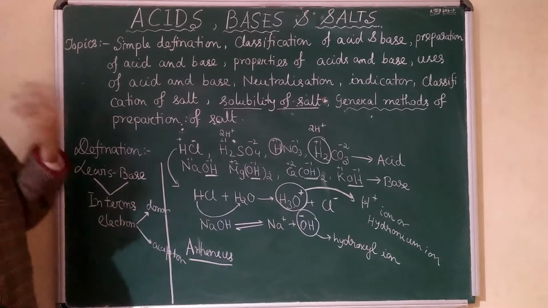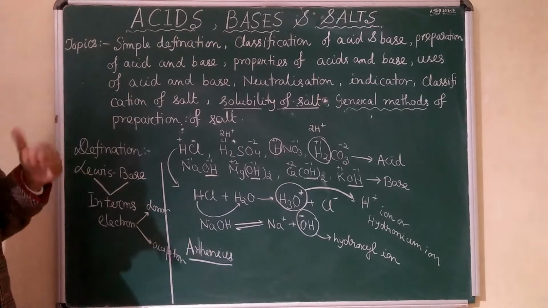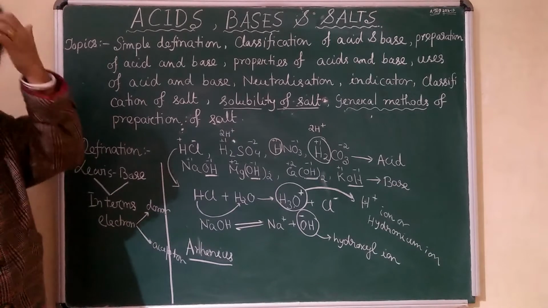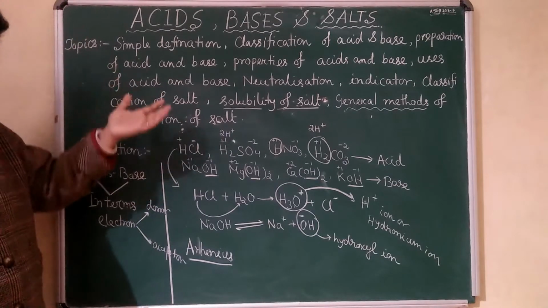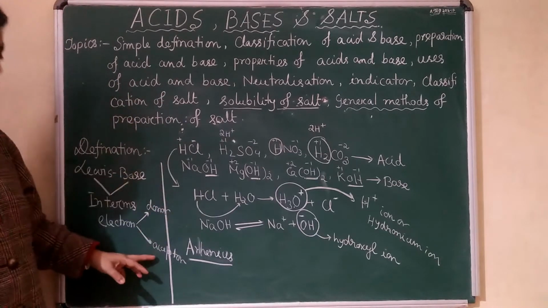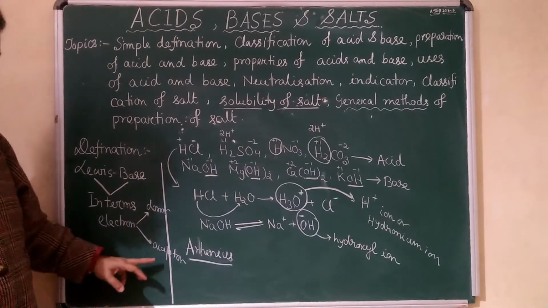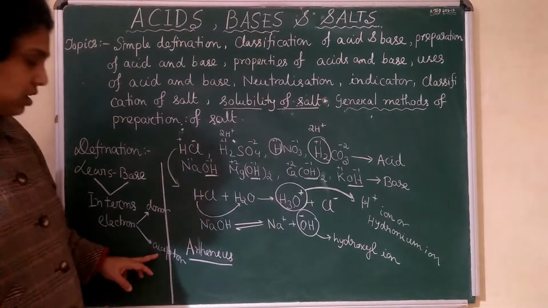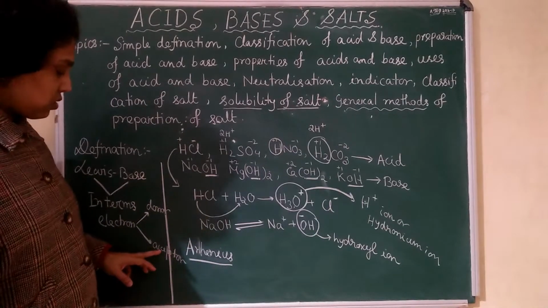Who is having excess electrons? Those will act as donors. Who is having fewer electrons cannot donate; if it is itself short of electrons, how will it donate?